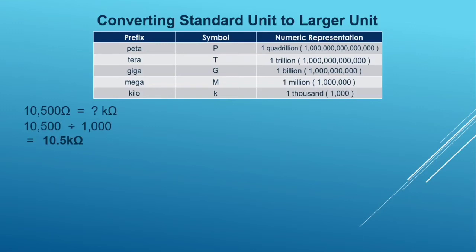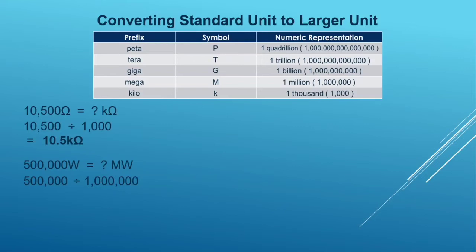Let's have another example. Suppose we have 500,000 watts and we're going to convert it to megawatts. So we have the value 500,000 and then you're going to divide it by the numeric representation of mega, which is 1 million.